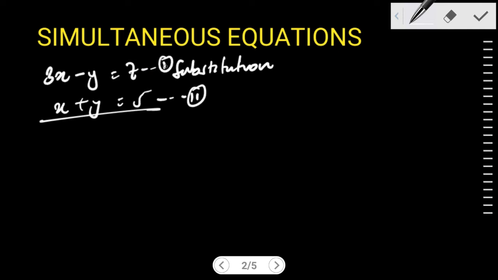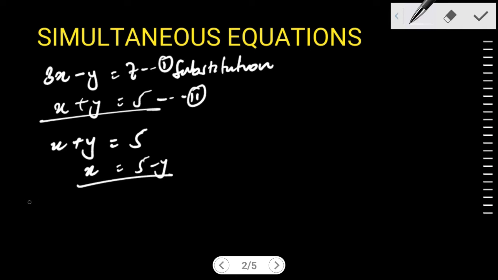I would prefer to choose equation 2, x plus y equals 5. I make one of them the subject, so let me make x the subject. This would be x equals 5 minus y. Having known that, I'm going to substitute this into equation 1.